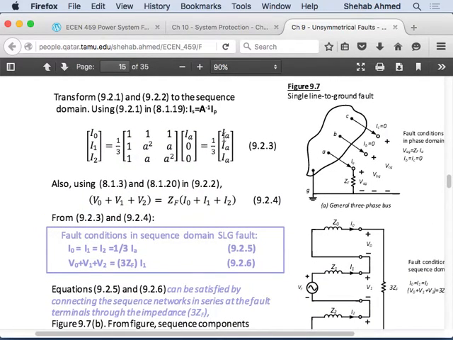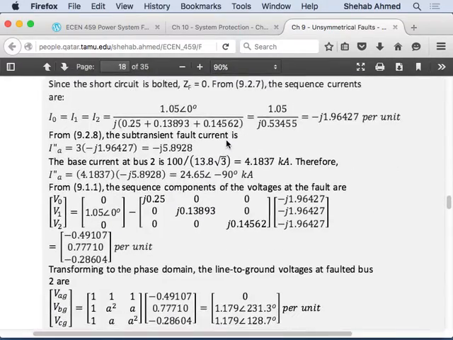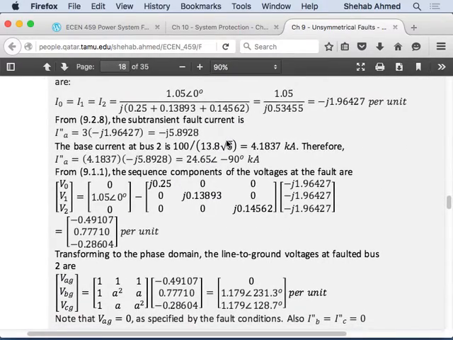So if I want to calculate IA, I take the sequence quantities and multiply by 3. 3 times the sequence quantity is equal to IA, the phase A current. Right? So that's what they did here.